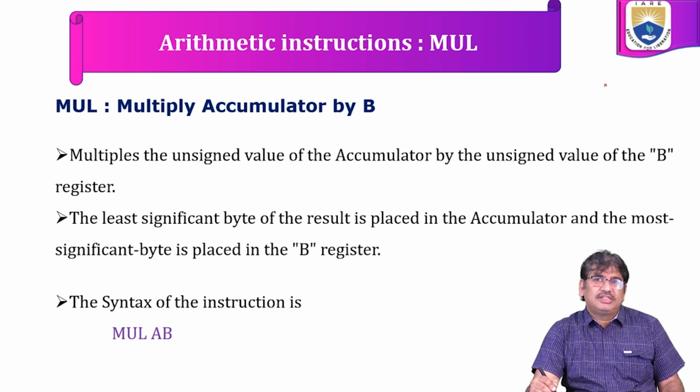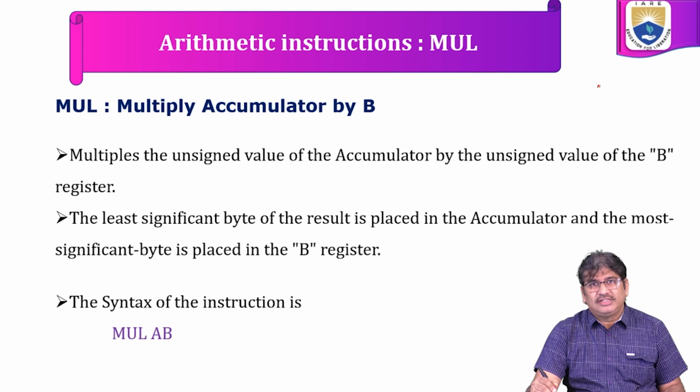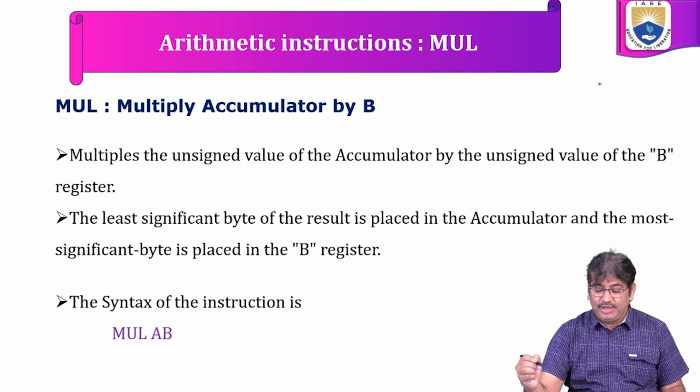The next instruction is multiply accumulator by register B. Multiplies the unsigned value of the accumulator by the unsigned value of the B register. The least significant byte of the result is placed in the accumulator, and the most significant byte is placed in the B register.